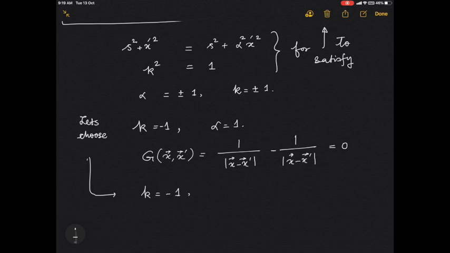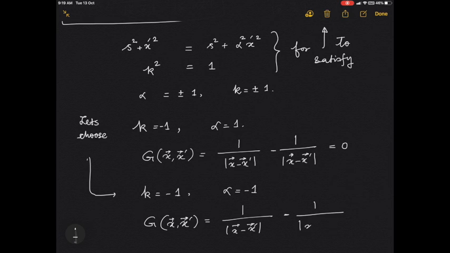So let's choose k equals -1, alpha equals -1. Then I will get a G of x prime, and this will be with alpha equals -1, so this is x plus x prime.